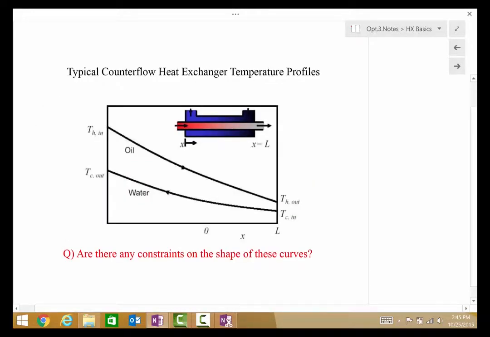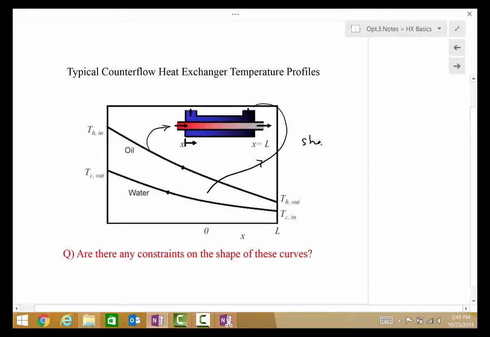So in a typical counterflow heat exchanger, the temperature profiles are shown here. We have a hot fluid, the oil, going from some T_H,in to T_H,out. And in our particular problem, this is shown as the tube flow. And we have water, cooling water, on the shell side.